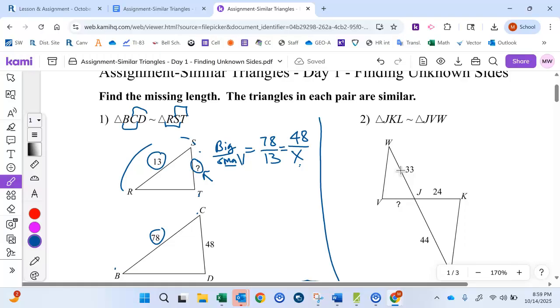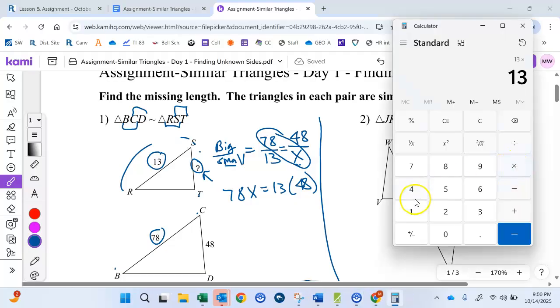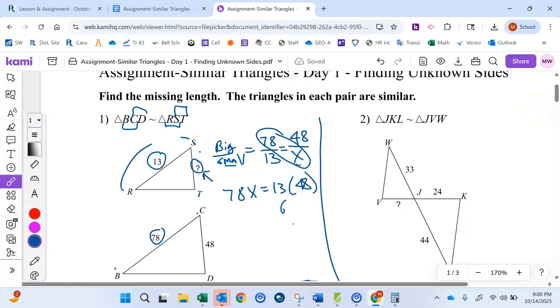Okay, so what we do to solve for that is we go cross multiplication. 78 times X equals 13 times 48, okay? So what is that? Take my calculator. 13 times 48 equals 624. 78x equals that.